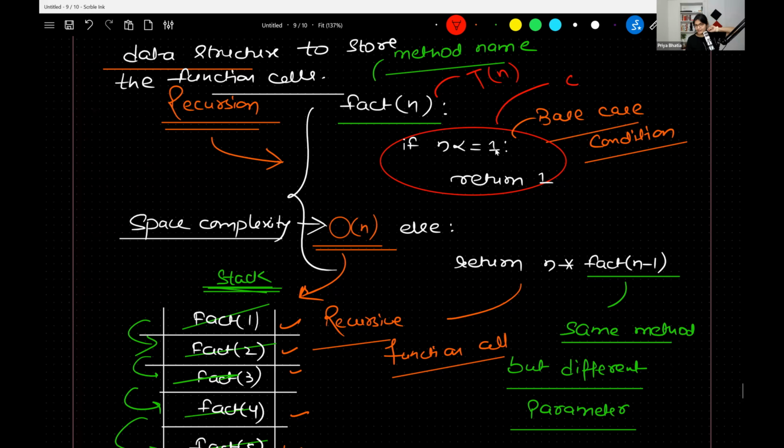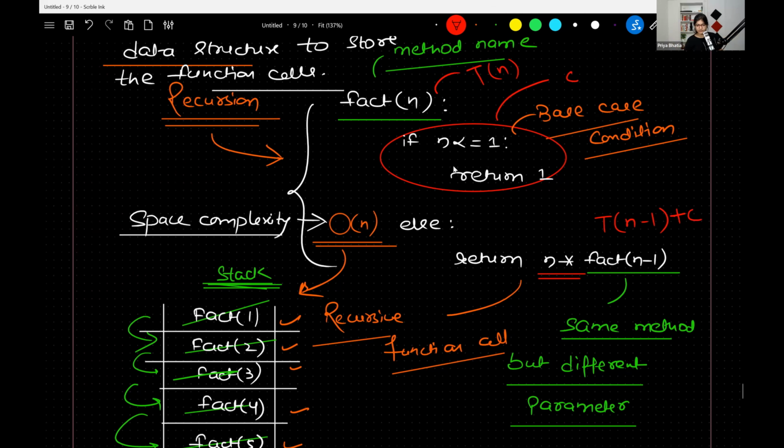When your function is repeating, which is T, fact of n, it is repeating again here, but the parameter is n minus 1. So you are saying it will be T of n minus 1. It is again available inside my function call in the else part. Into n you are doing a multiplication task, which is a constant task.